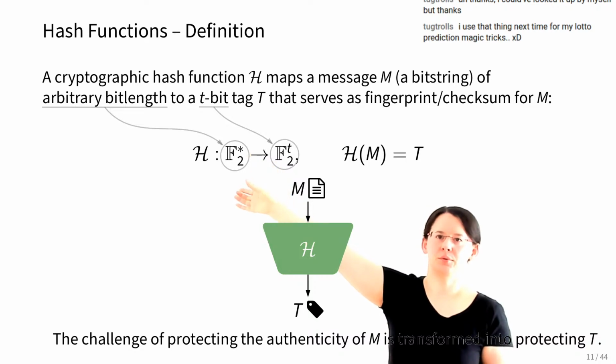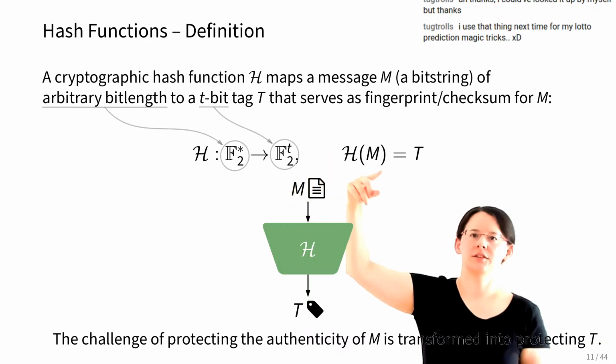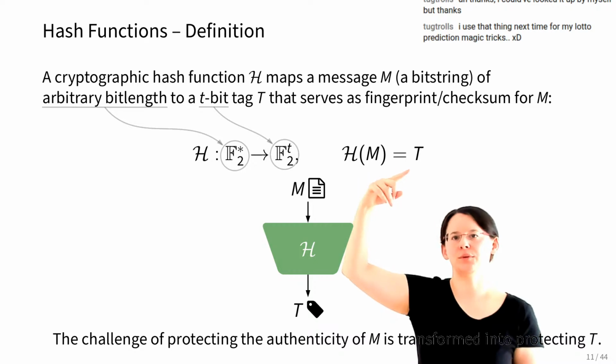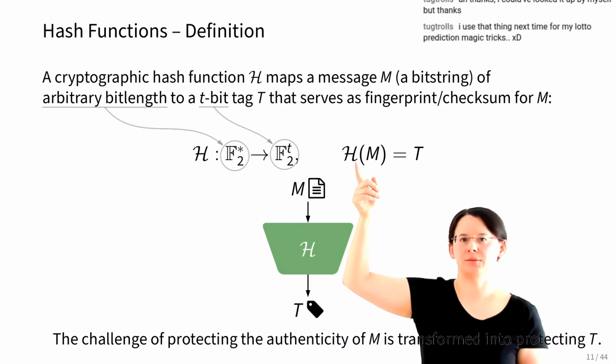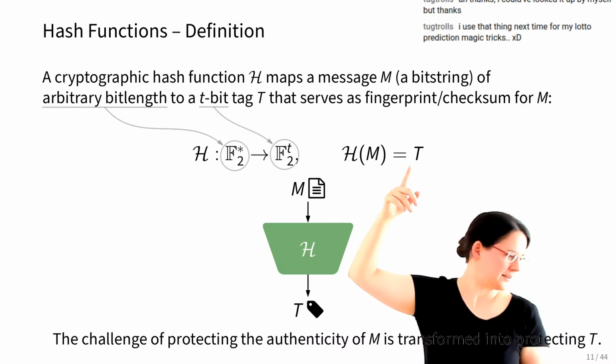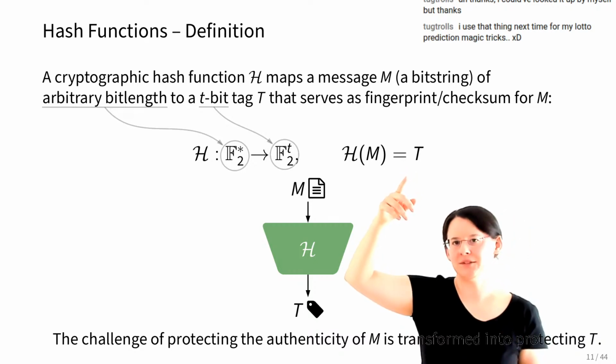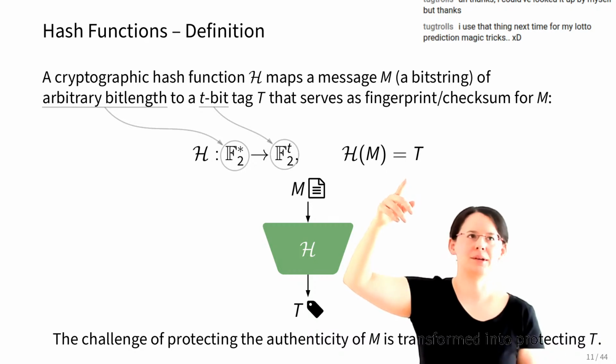So it takes an input of any length and maps it to an output of a fixed length, the length we are going to refer to as t, because t is also short for tag. That's what the output of this function is called. So we denote the input, the message, by m, and the output by t, like tag. Now the hash output actually has many names. Some people call it the hash value, some people call it the hash output, some people call it the hashtag.